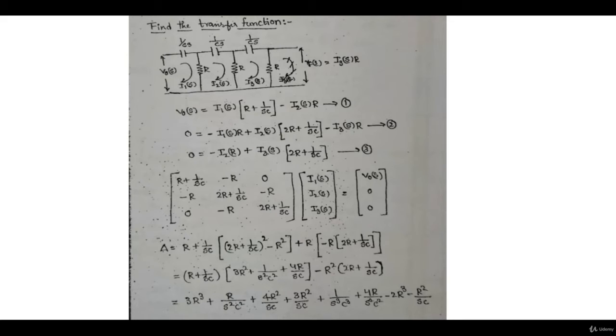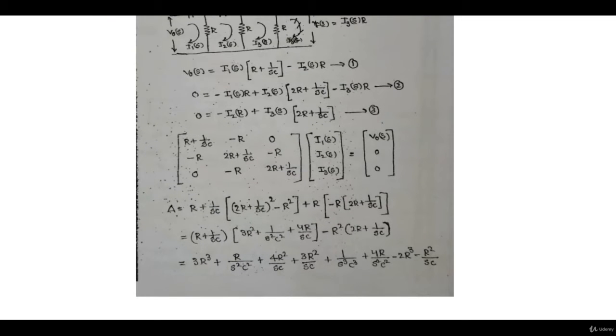Okay, so we will be using Cramer's rule to solve this. The determinant, first of all, you can calculate of this matrix, which will be R plus 1 by SC, this term as it is, times the product of these two: (2R plus 1 by SC) whole square minus R square. Then with respect to this term, minus R into minus, which will become plus R, into (2R plus 1 by SC), and with respect to the last term the coefficient is 0.